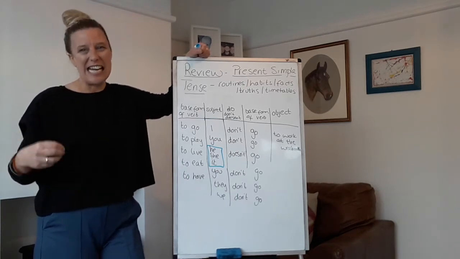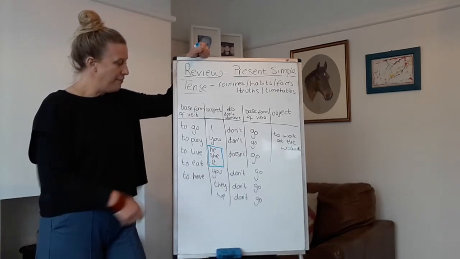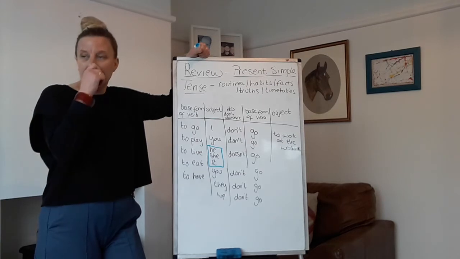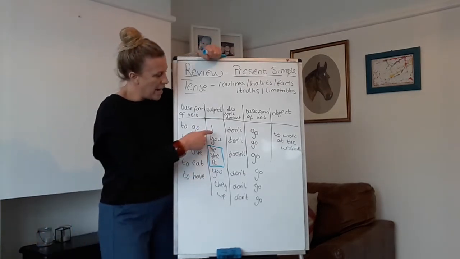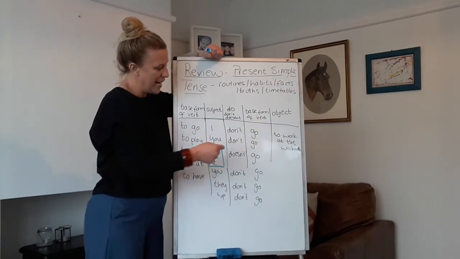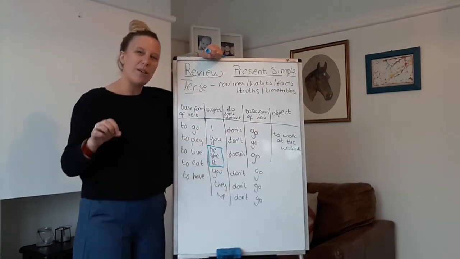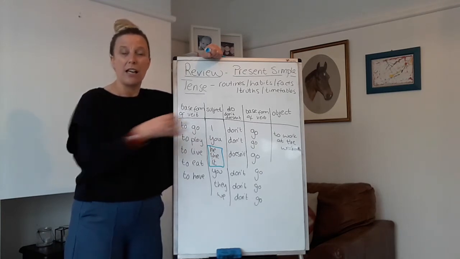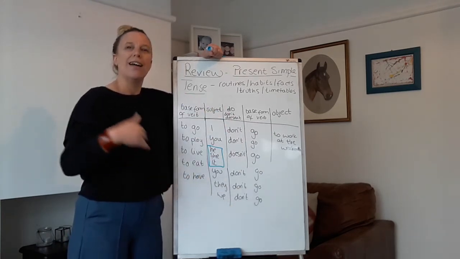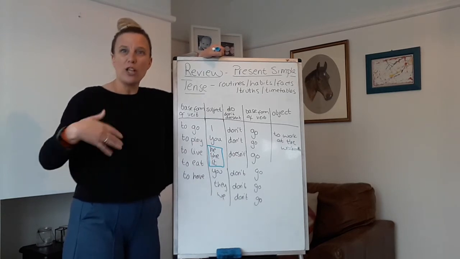He doesn't eat meat. Have, have's a bit different. So I don't have children. He doesn't have children. Sometimes we can say haven't, but that's more informal. So stick with this one rule, and that way you won't go wrong.